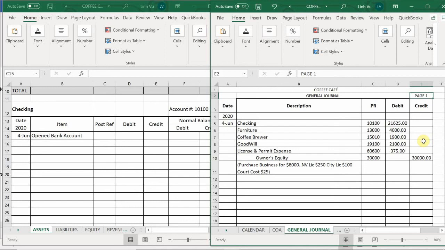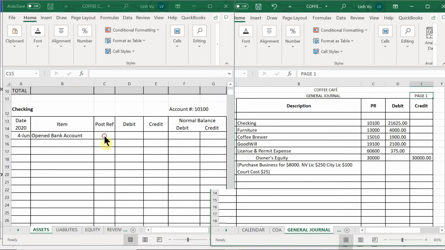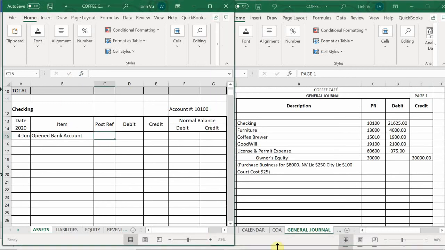These pages actually fit on an actual 8.5 by 11 piece of paper if you print these out. So in this case, this is page number 1 from the journal. That's your post reference for the ledger, that this transaction happened on my general journal, page number 1.